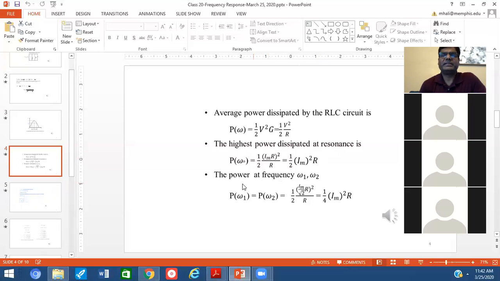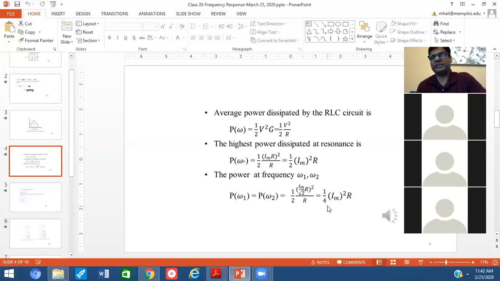In the same fashion, the power at frequencies omega 1 and omega 2, P omega 1 equal to P omega 2, have, look at the numerator, Im R over root 2, and then whole squared, because that is the half power point that you noticed in the characteristics curve, and then the whole divided by R. And finally it is making 1 by 4 Im squared R. Now if you compare the power at omega naught, the second equation, and the third equation, the power at omega 1 and omega 2 is half.